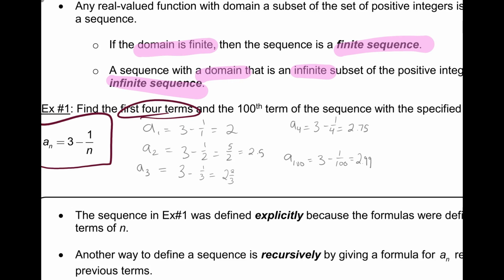You can see it gets closer and closer to 3. As n gets really, really big, a of n is getting really close to 3. So our limit's 3. If I take the nth term minus 3 and take the absolute value, it's going to be a very, very small number. So the difference between them gets smaller and smaller.